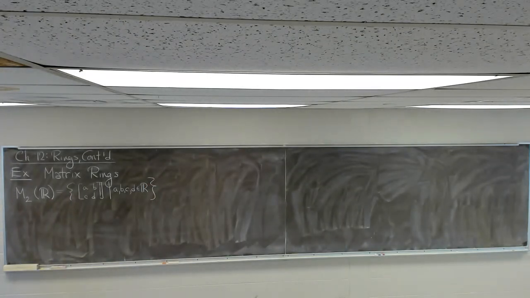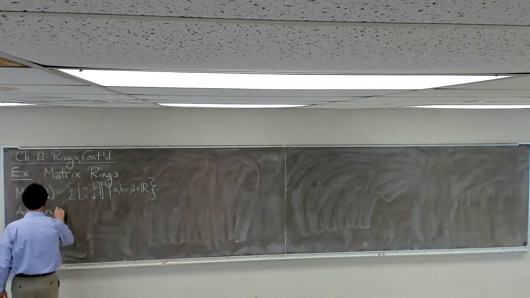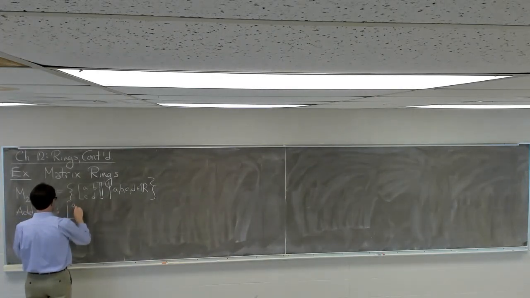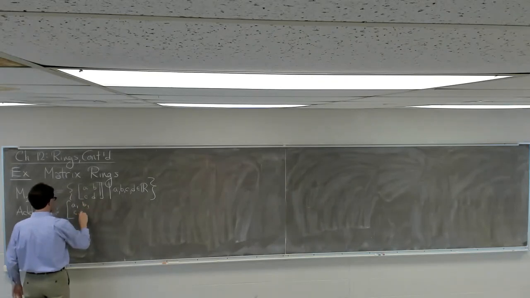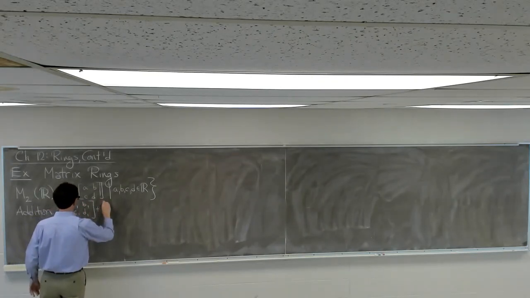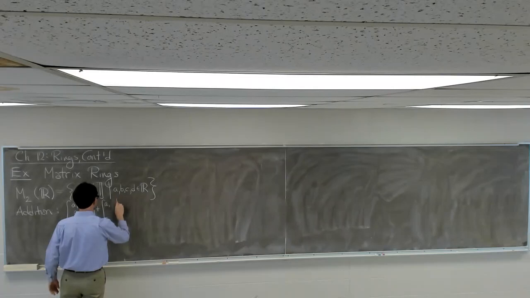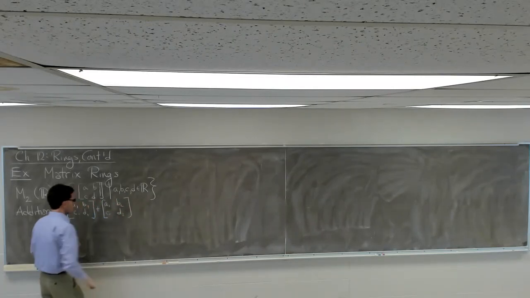The operations here are the familiar ones that you may remember from linear algebra. When we add matrices, it's simply entry-wise, entry by entry. So here, we take two of these 2 by 2 matrices and add them together.